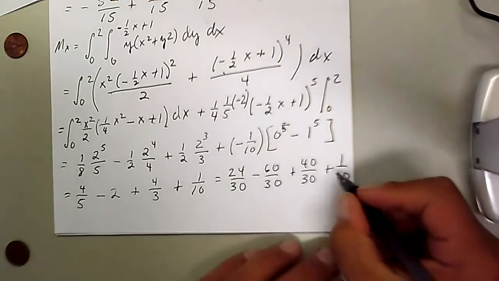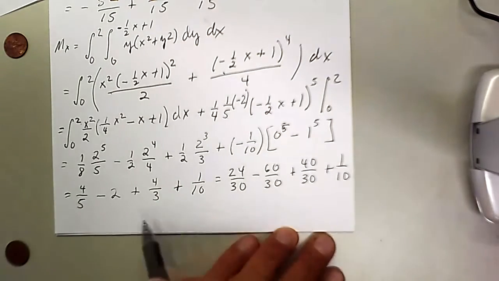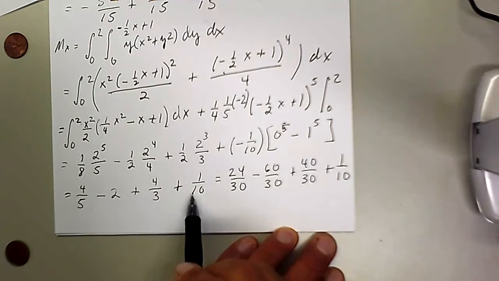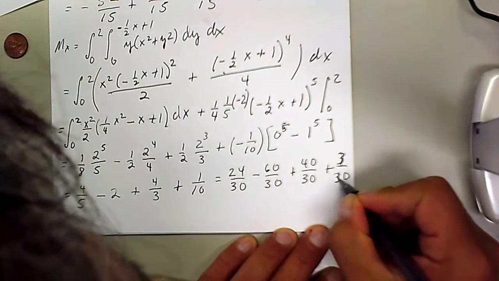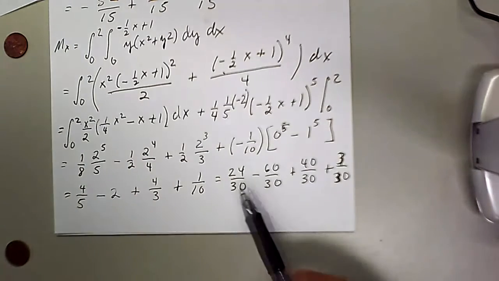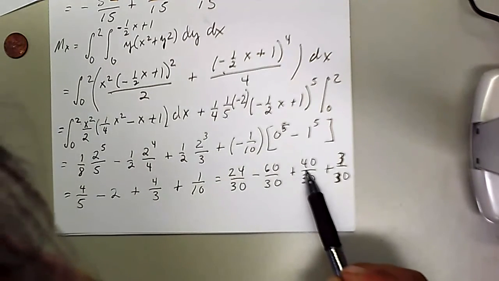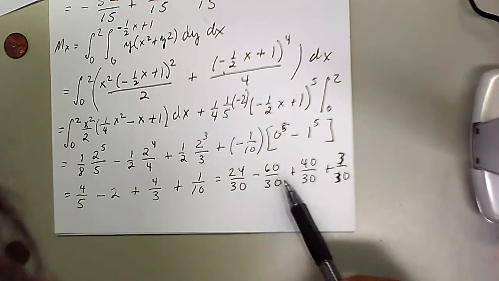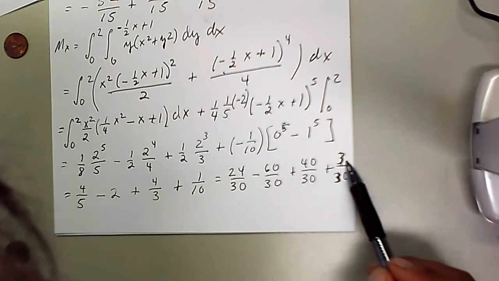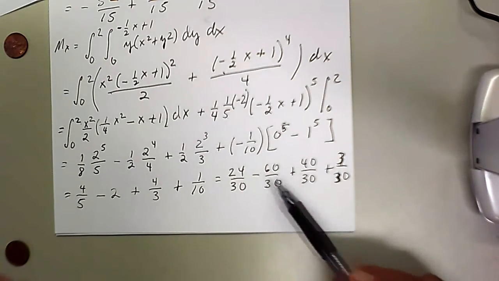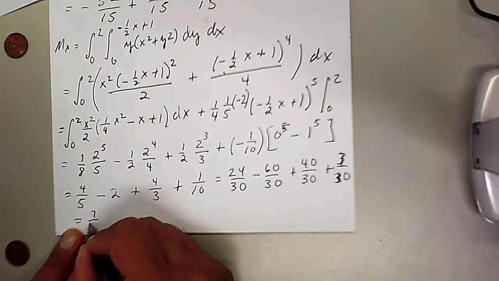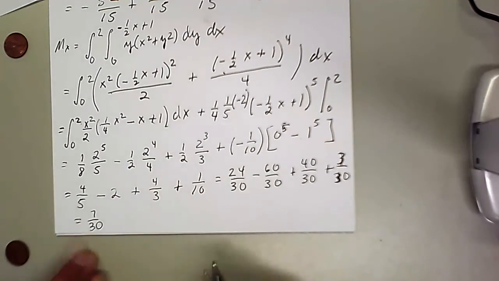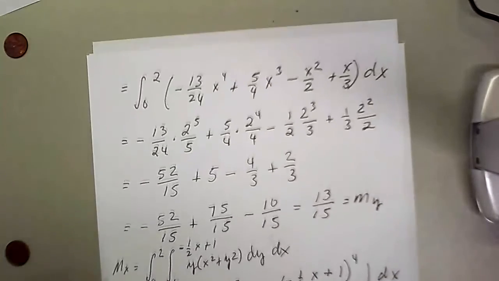Oh, I lied here. We do need to multiply this by 3. There we go. Now we're good. 24, 64, those two together over 30. 67/30, but then we're going to take away 60. So we end up with finally 7/30. Okay. So now we are ready to write the final answer.